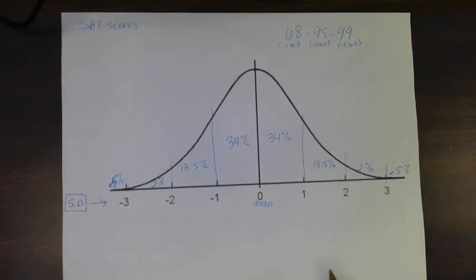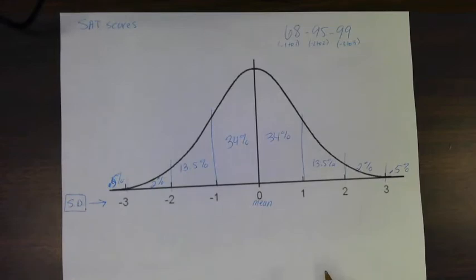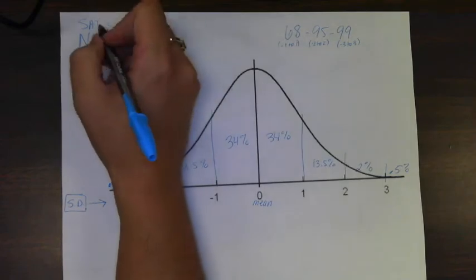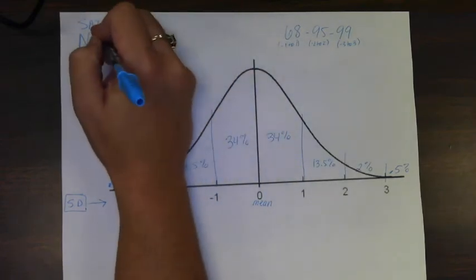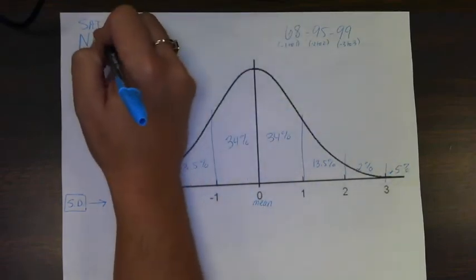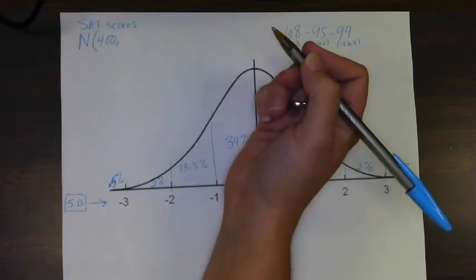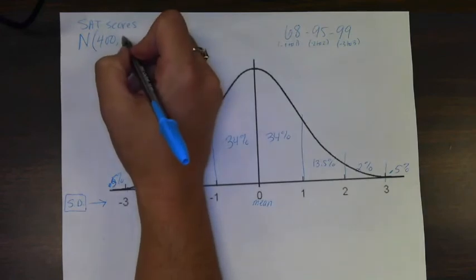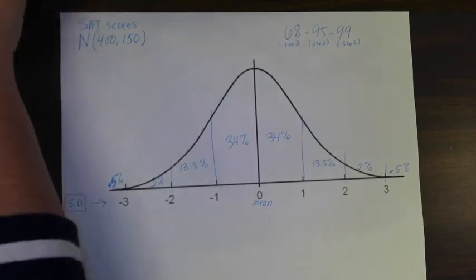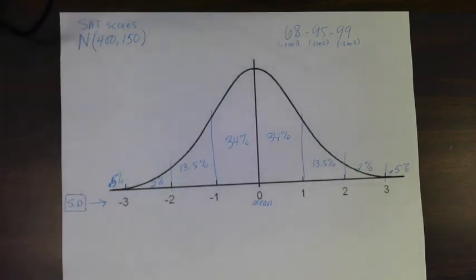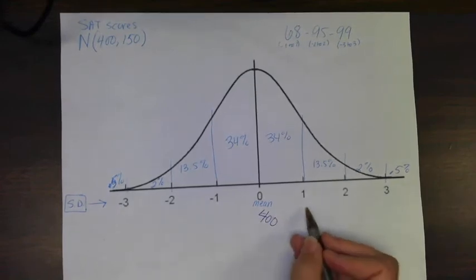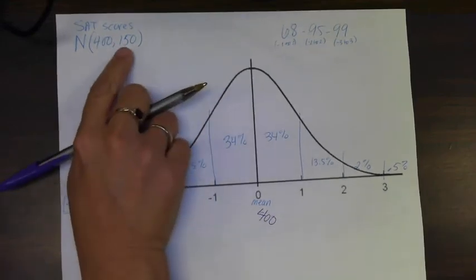So now, if I tell you SAT scores follow a normal model with a mean of, let's say, I'm just making these numbers up here. Let's say the average SAT score on a single subject test is about 400 with a standard deviation of 150. So now what I can do when I'm told that is I put the mean, that's the 400, right in the middle, and each one of these marks represents 150 points.